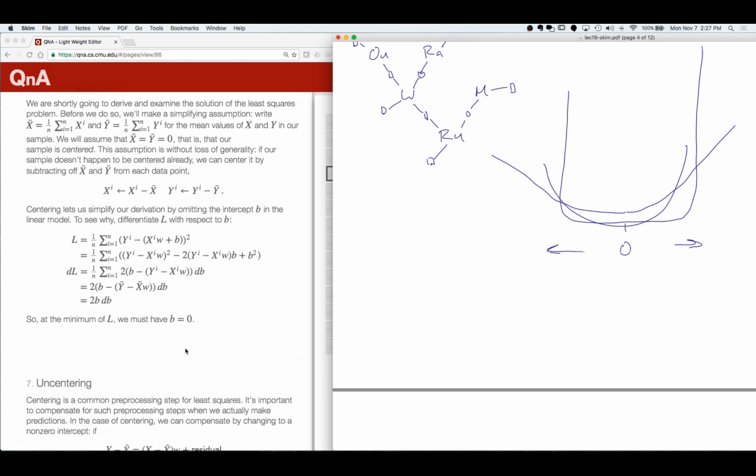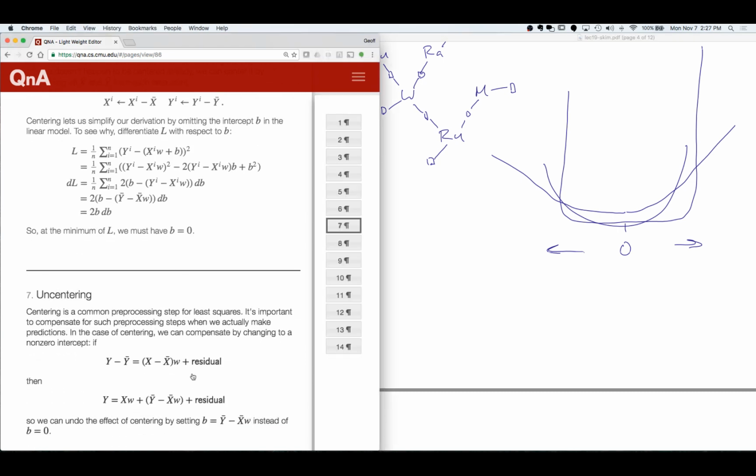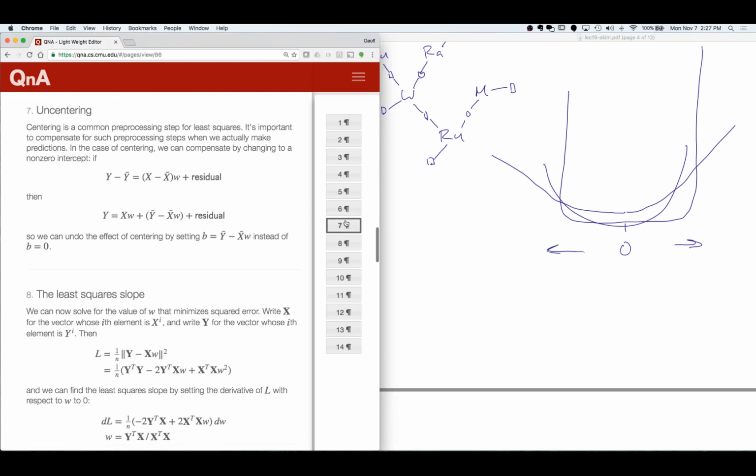Now, of course, if you're actually going to make predictions, it's important to undo the effect of our preprocessing. So if we make a model that says y minus y bar is equal to w times x minus x bar plus a residual, well, we actually want to predict y, and so we can just move all of the bars over to the right-hand side, and we get y equals xw plus this constant term plus our residual.